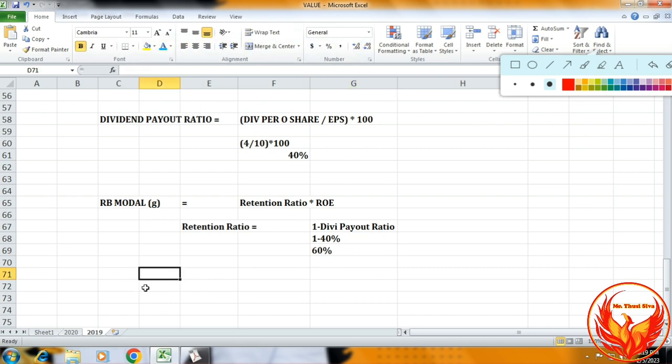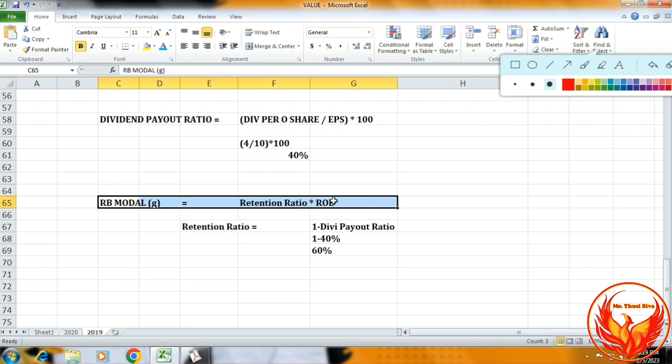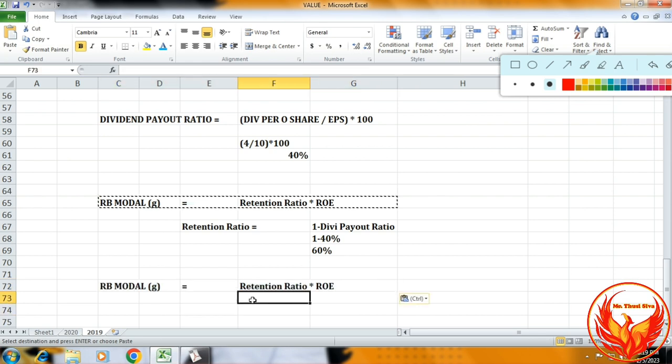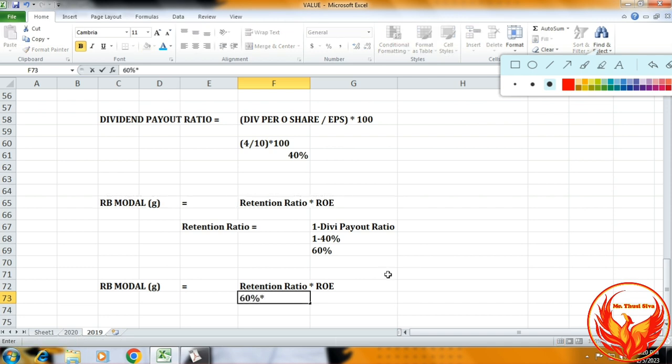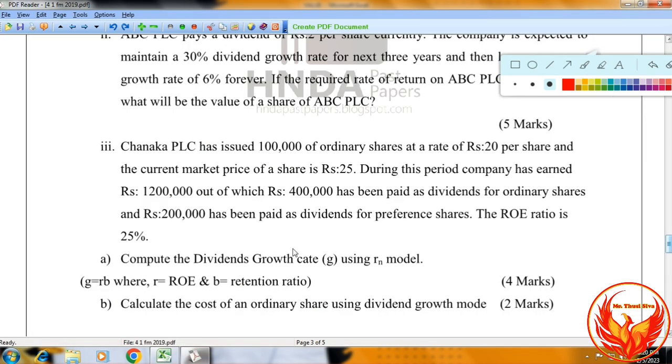Now we can calculate the RB model. The retention ratio is calculated as 60%, into ROE. ROE is given in the question as 25%.